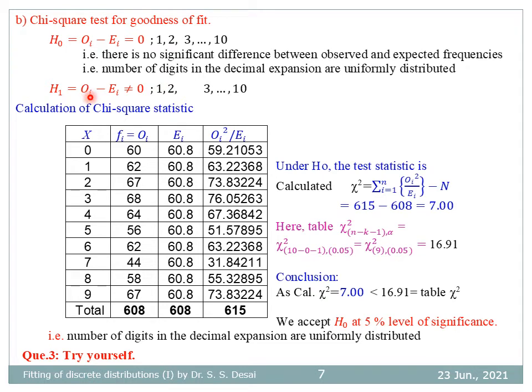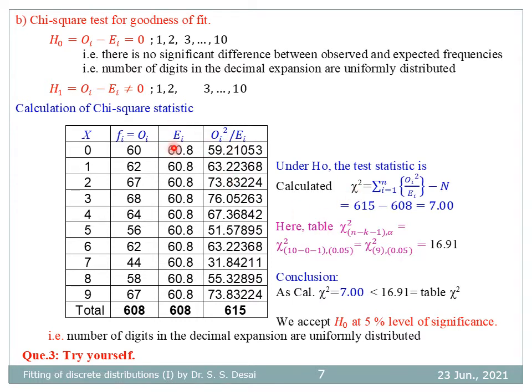H1 is that there is significant difference between observed and expected frequencies, the negation of H0. For calculation of chi-square statistic, these are the values of x, observed frequencies, expected frequencies, and Oi square divided by Ei. So this quantity is needed for chi-square statistic.